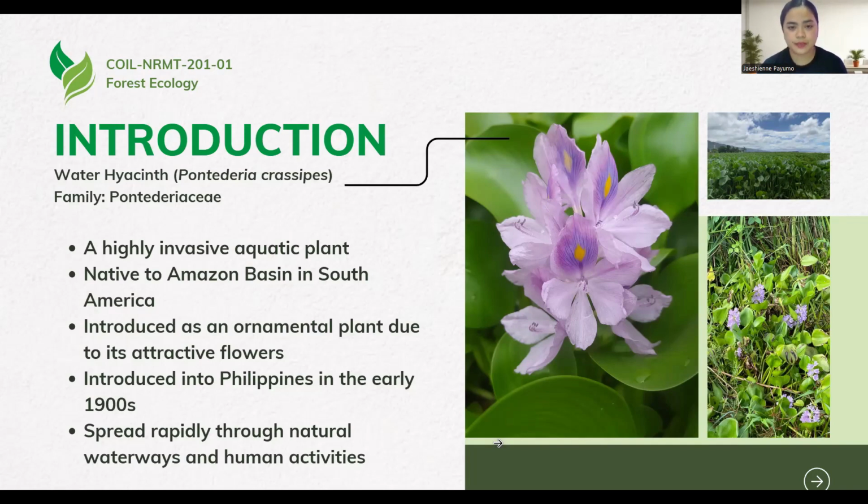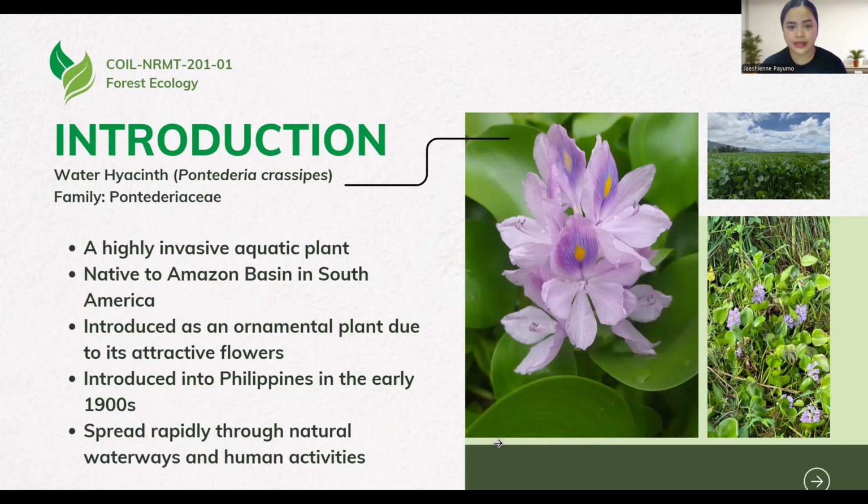Beneath the surface, it produces long, fibrous, feather-like roots that draw nutrients directly from the water, enabling rapid expansion in nutrient-rich environments. This ability contributes to its classification as an invasive species. Once introduced, it can quickly dominate water bodies.